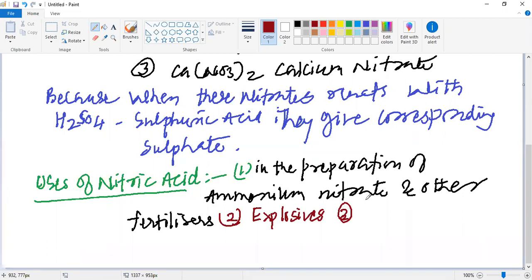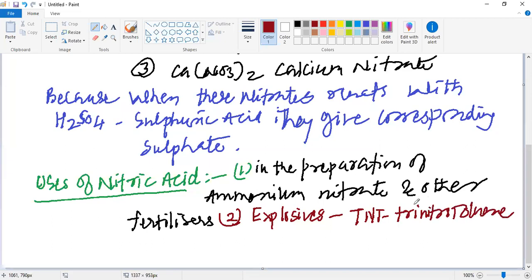It is also used for the preparation of trinitrotoluene, which is an explosive. So it is used in the preparation of explosives like TNT or trinitrotoluene.